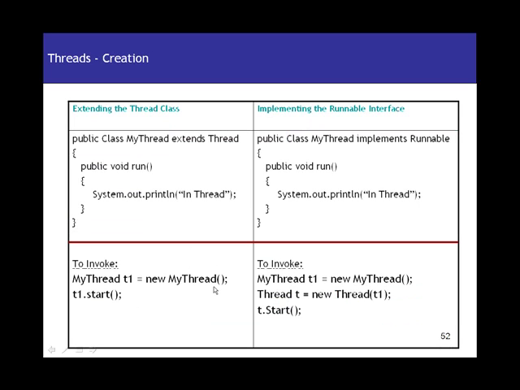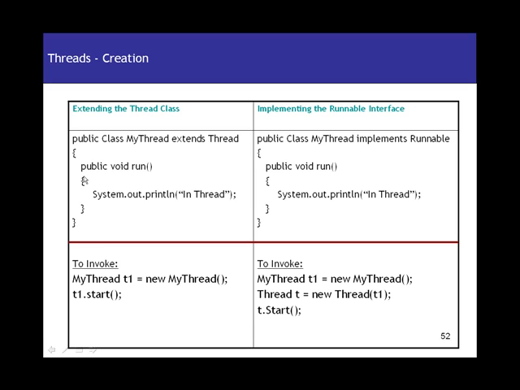Okay, so now we talked that there are two ways you can treat your class as a thread, either by extending the Thread class or by implementing the Runnable interface. In either of these two ways you can treat your simple class as a special thread class and get the thread features, abilities and behavior in your class, right?